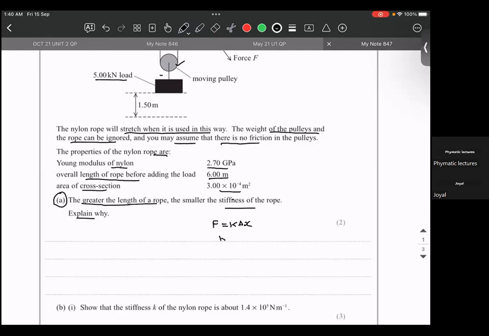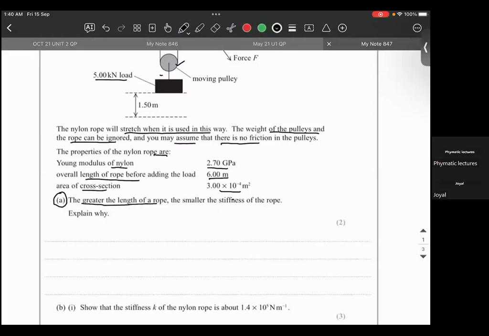Therefore, making stiffness the subject, K is F by delta X. So for a constant force, if the length is more, the overall elongation will be more. If the denominator keeps on increasing, obviously the numerator quantity, that is the stiffness, will decrease. That is very obvious. So that is the answer for this question.